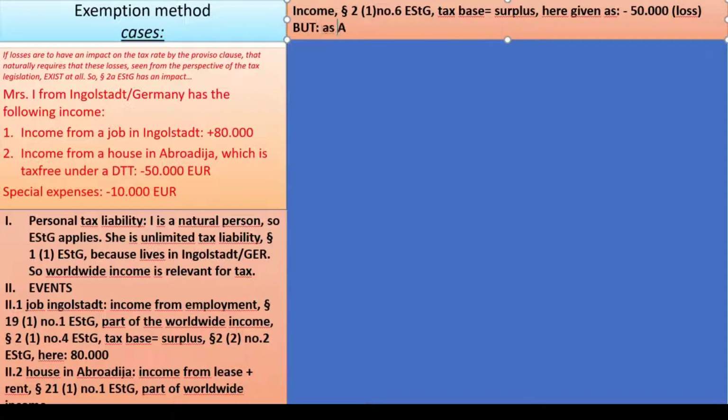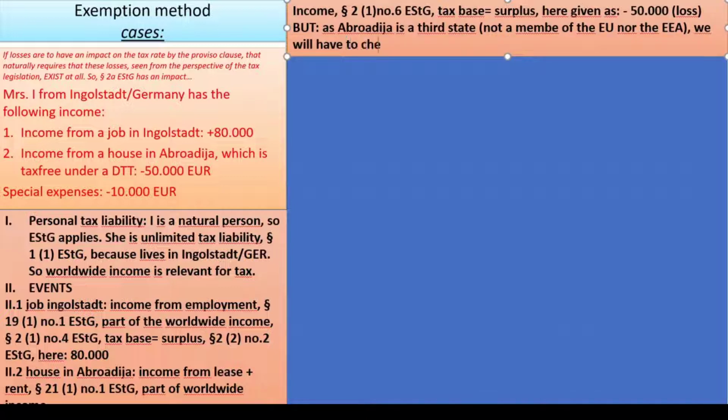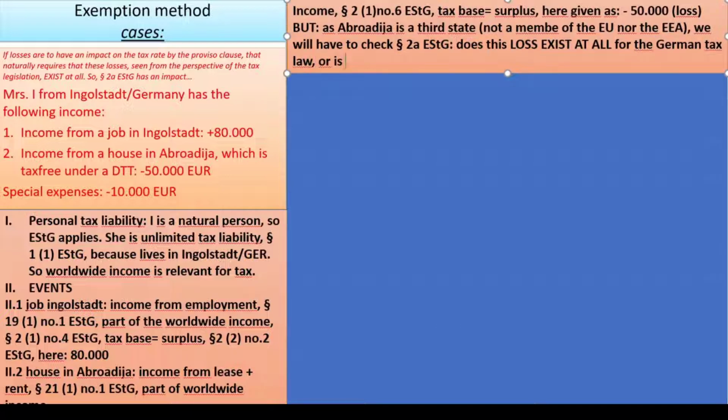But as Abrodia is a third state, not a member of the EU nor the European Economic Area, we will have to check paragraph 2a ESTG. Does this loss exist at all for the German tax law, or is it to be completely ignored under paragraph 2a ESTG?